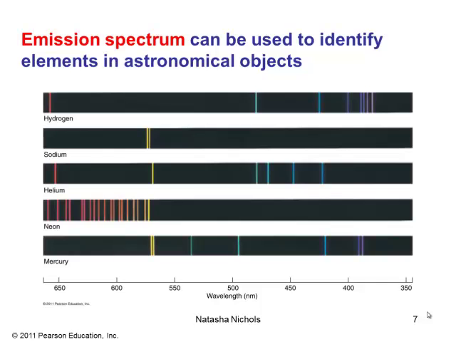And then we see some purple lines towards the 380 nanometers. Then if we find this exact combination, we know that this is hydrogen. And the same thing for sodium, helium, and so on and so forth. Each element has its own unique identification spectrum.